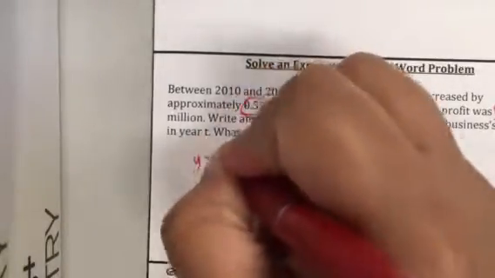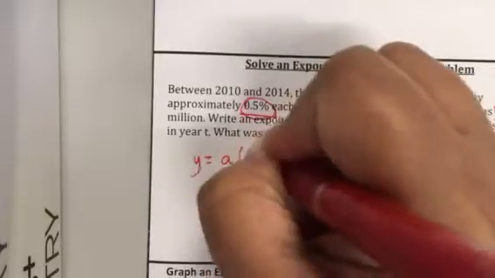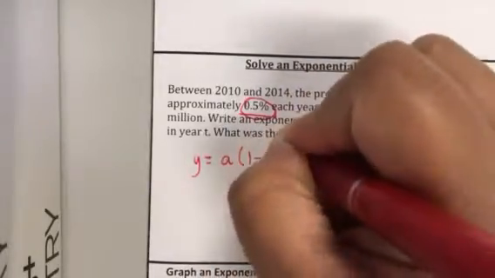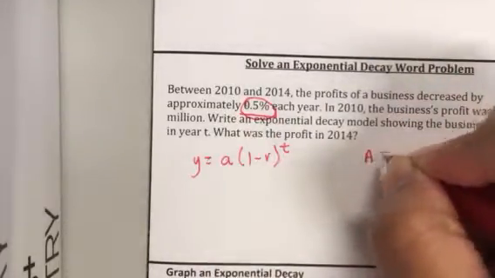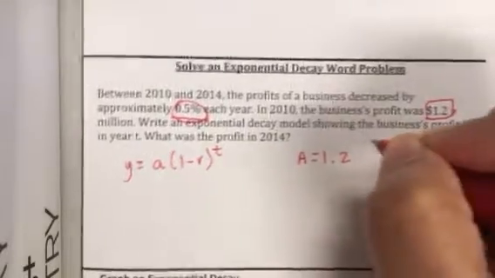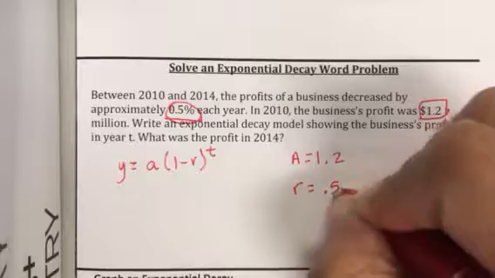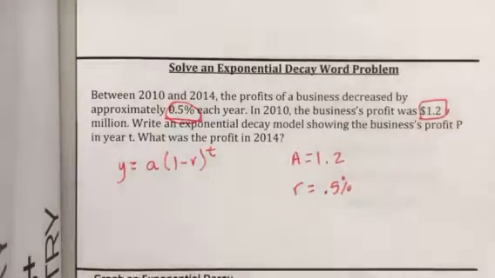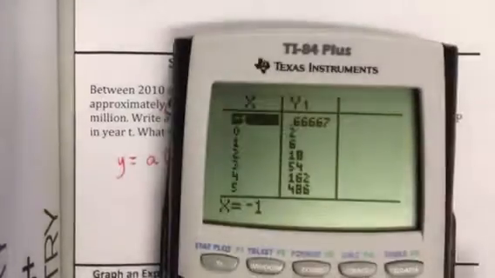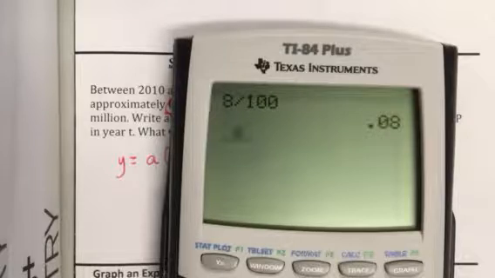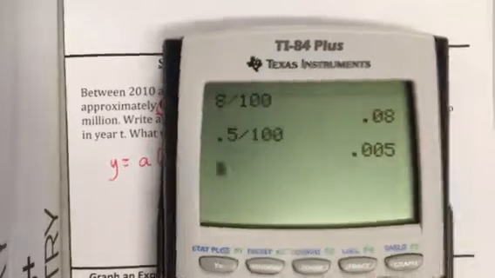Okay, so y equals a times 1 minus r to the t power. Our a is 1.2 million. Our r is 0.5%. We should be moving it 2 places to the left, but to show you in the calculator, 0.5 divided by 100 is 0.005.